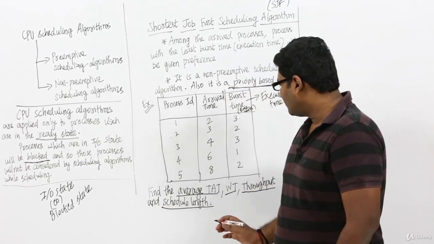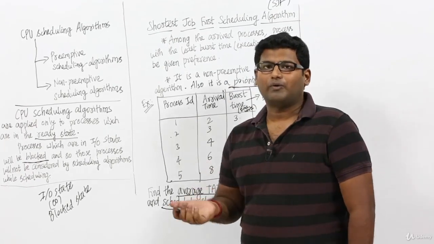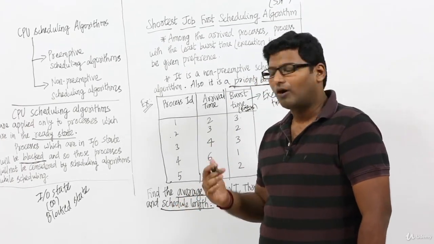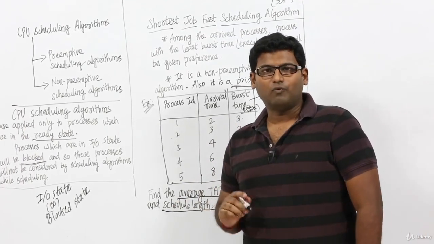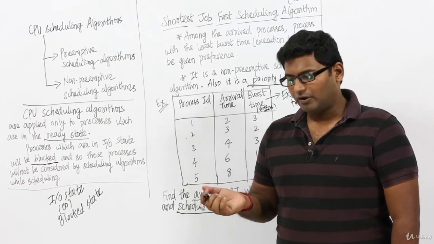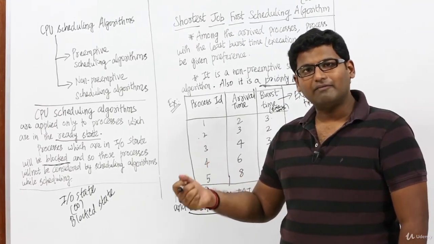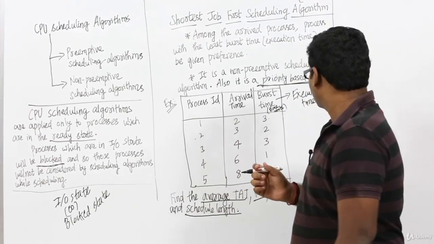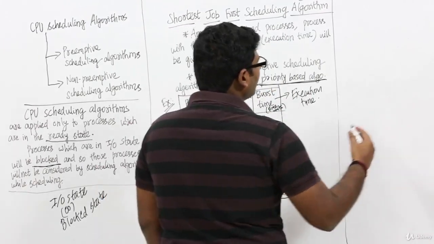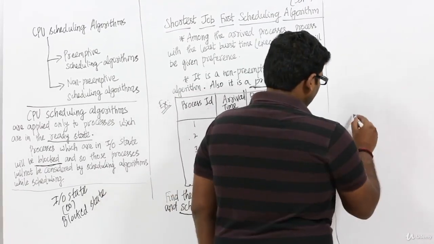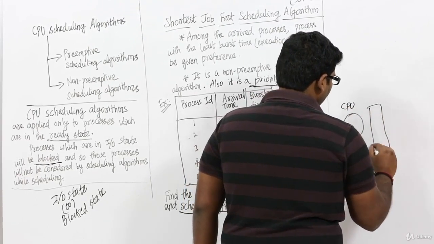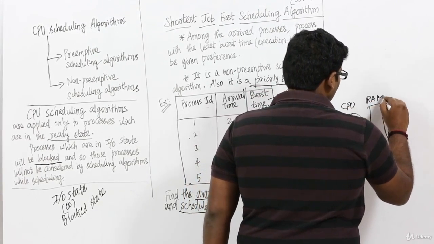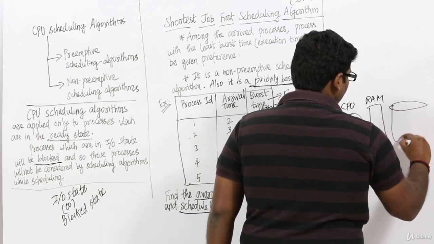First, let's see what is meant by average turnaround time: the average turnaround time of all the processes. Every process will have a turnaround time. We know that every process has an arrival time to RAM. What is meant by turnaround time? Let us assume this is our CPU, this is our RAM, and this is our hard disk.